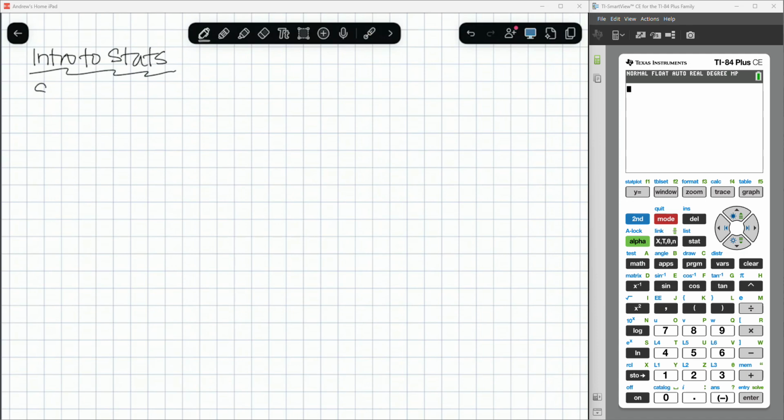So the first question is, what is statistics? Why are you taking this course? Statistics is all about data. So basically we're going to look at collecting data. Where does the data come from? Presenting data. How do I share that data with others? Summarizing data with summary values.